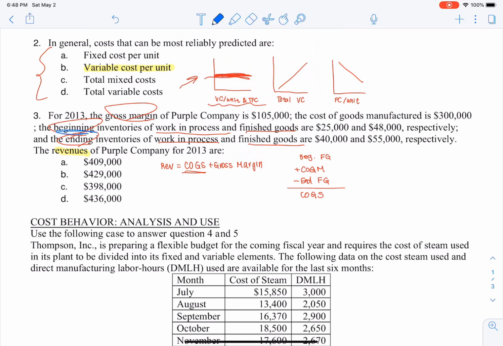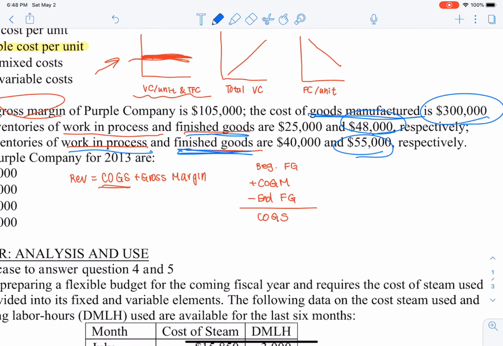Beginning finished goods is $48,000, and cost of goods manufactured is right over here, $300,000, and the ending finished goods is $55,000. So we plug it in: $48,000 plus $300,000, and we subtract the ending finished goods, $55,000, and the answer we got is $293,000.